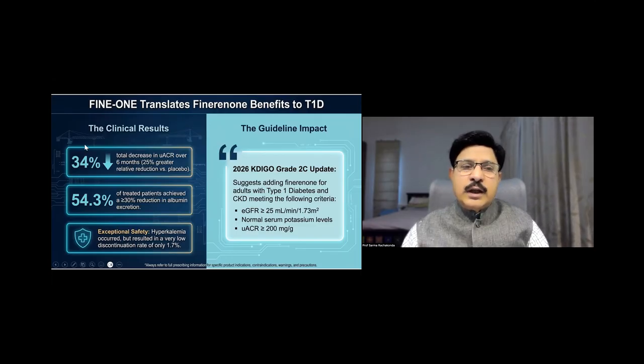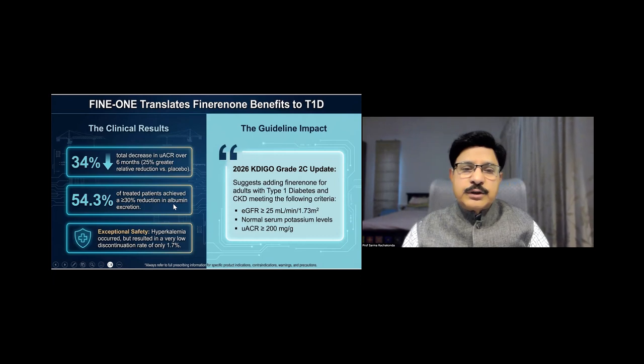Clinical results, 34% reduction in UACR over 6 months, greater relative reduction compared to placebo. 54% of the treated patients achieved a more than 30% reduction in the albumin creatinine ratio. It's a very important outcome trial.